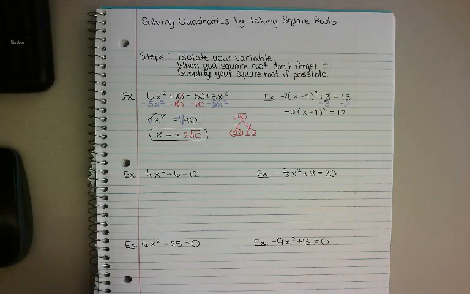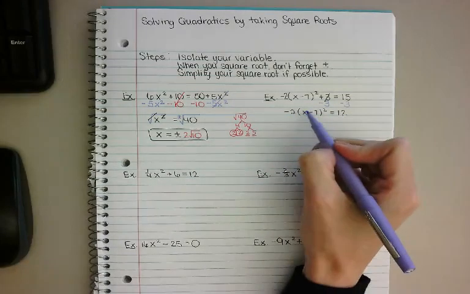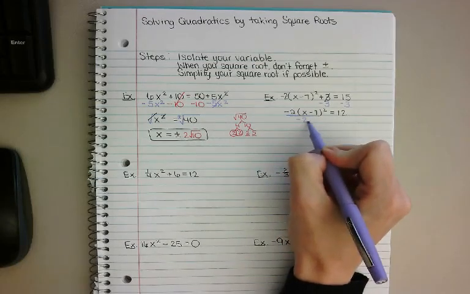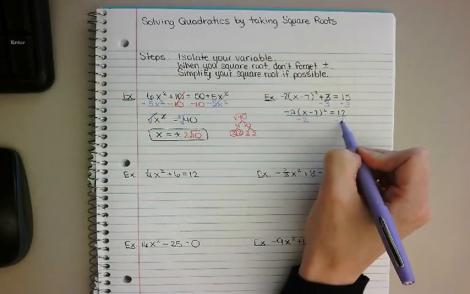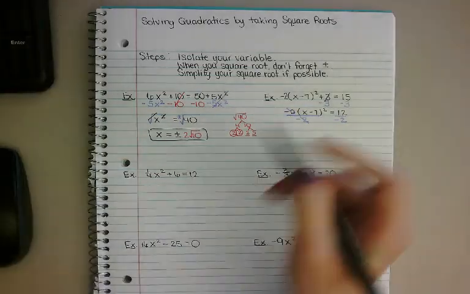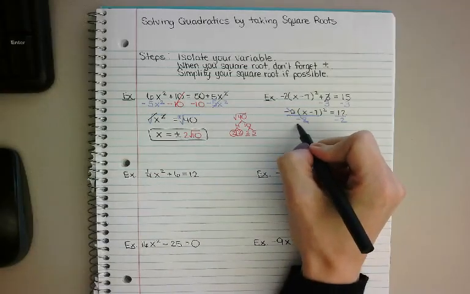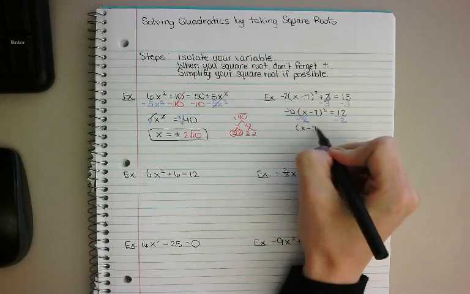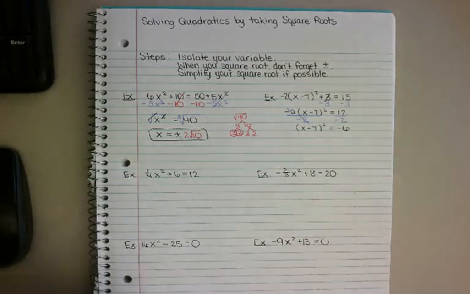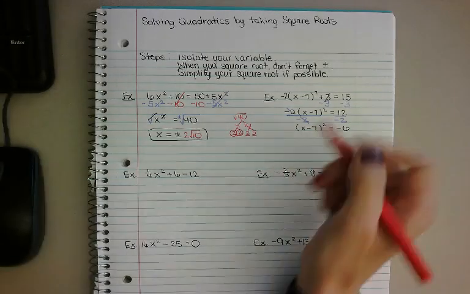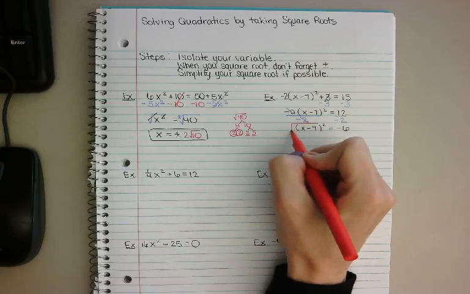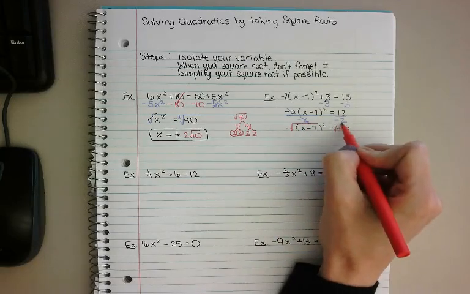All right. So since I said I don't want to multiply that through, we're going to divide it. All right, so the -2's cancel. So then I have left that x minus 7 squared equals -6. The inverse of squaring something is square rooting, so I'm going to square root both sides.